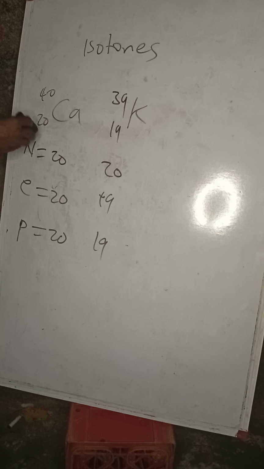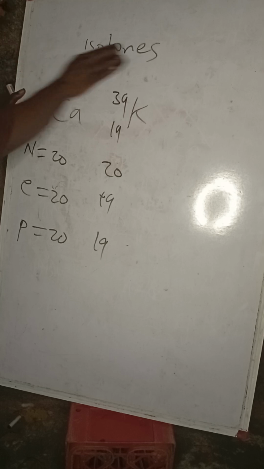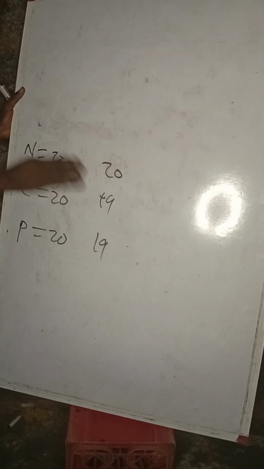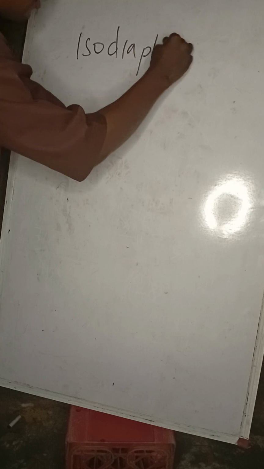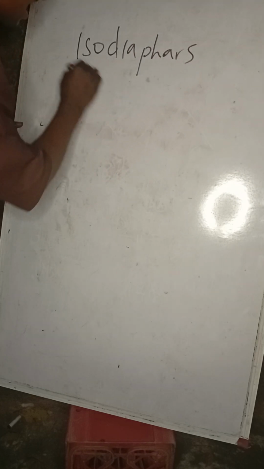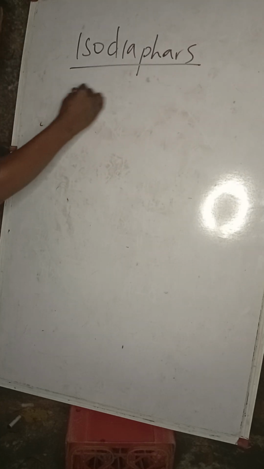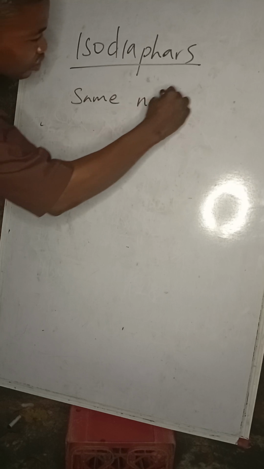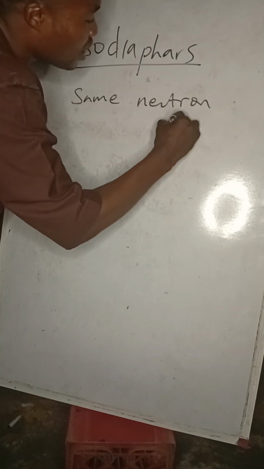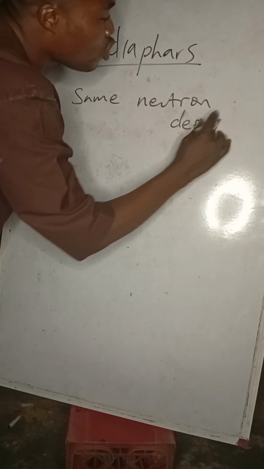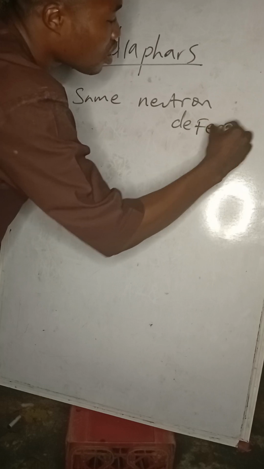Now, quickly, I'll talk about isodiaphers, which is similar to isotones. Isodiaphers have the same neutron defect.